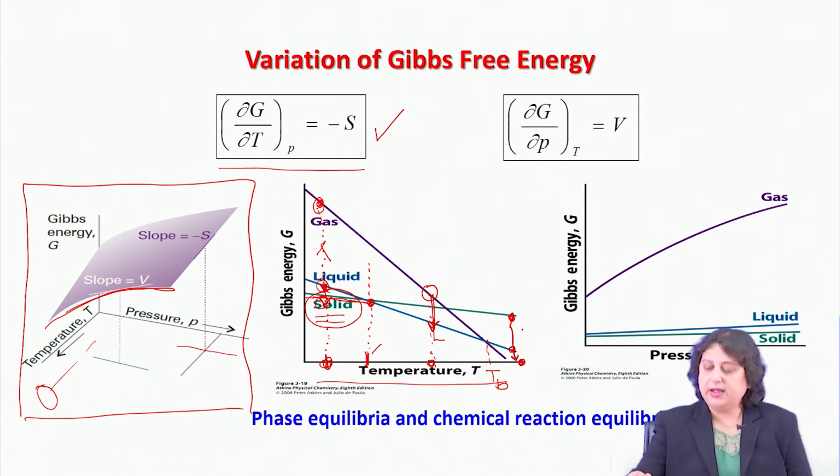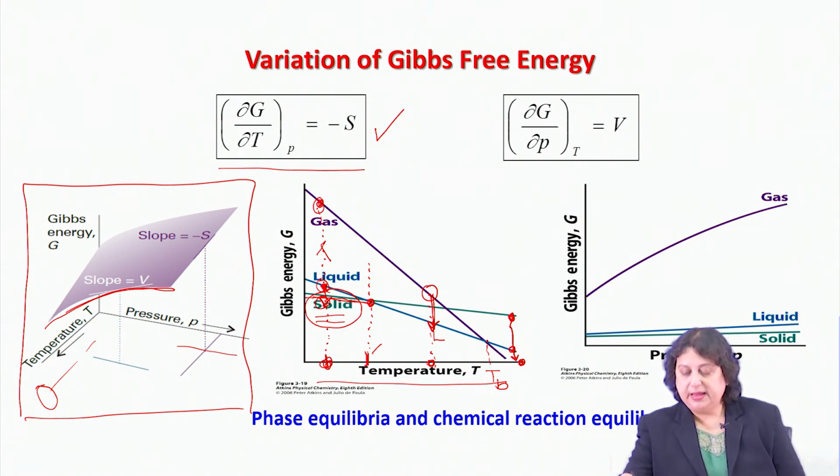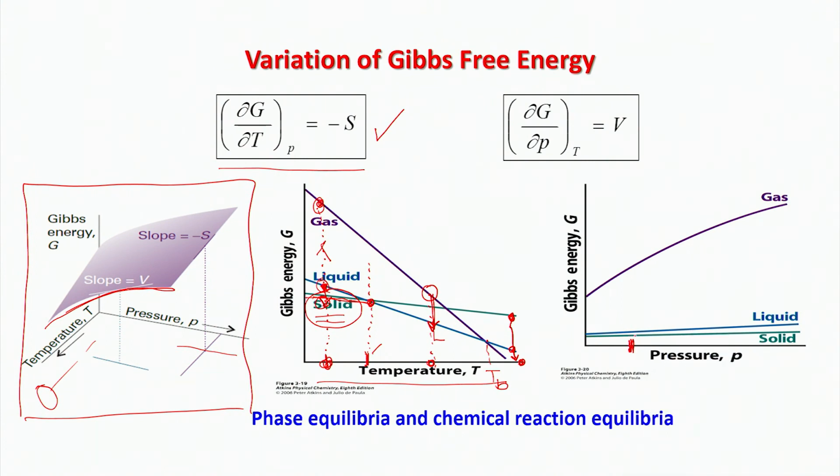Similarly, if you look at this picture, then at a given temperature and this pressure, I understand that the solid phase is going to be the most stable state, and this would continue for all pressures that I have here.